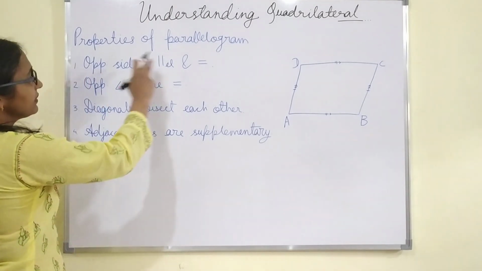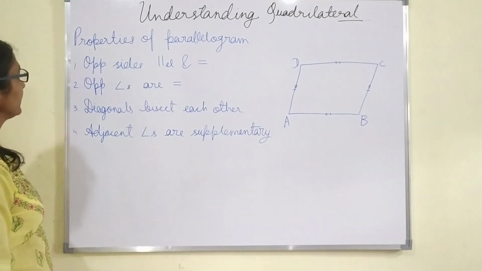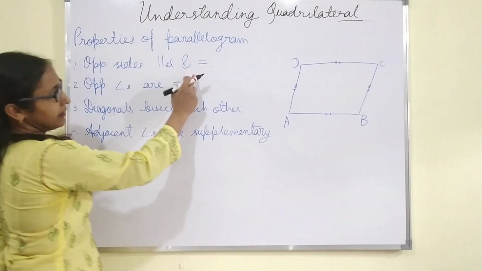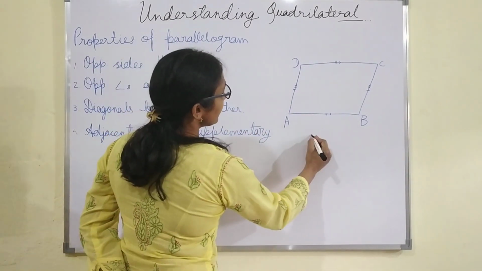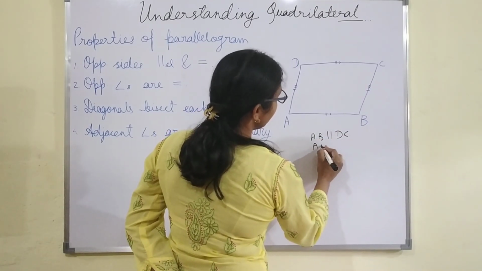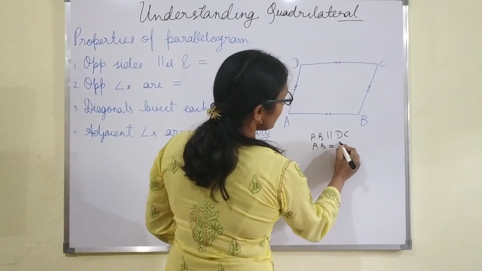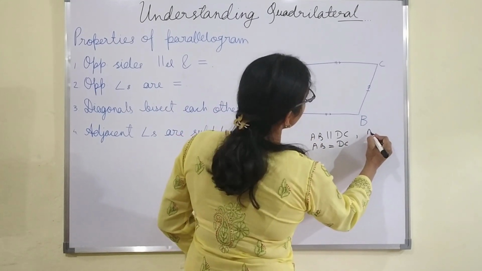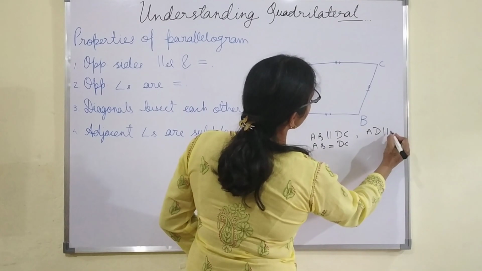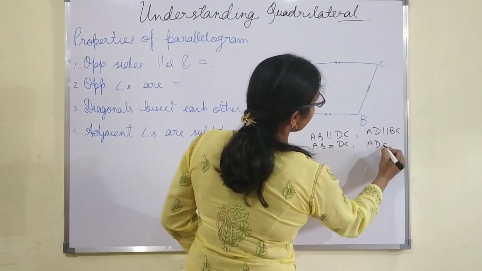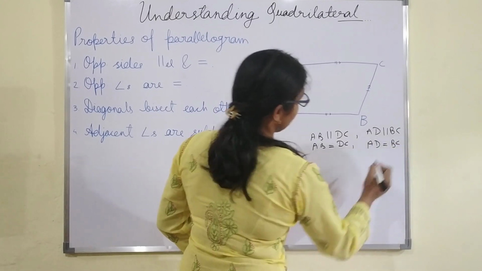Now, properties of a parallelogram. In a parallelogram, opposite sides are parallel and equal. Means AB is parallel to DC and AB is equal to DC. Next, AD is parallel to BC and AD is equal to BC.